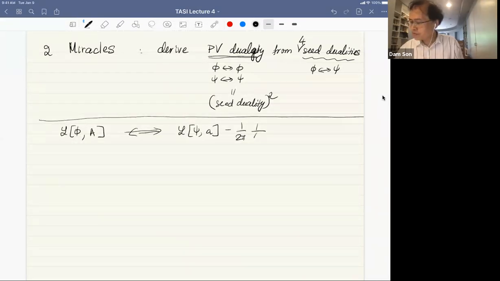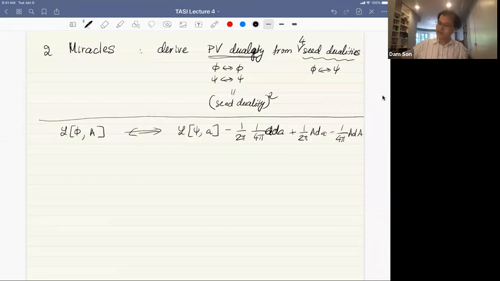The one that I wrote on the last line on the previous blackboard, 2 pi ADA, except I pull the capital A to the right hand side. This capital A is not a dynamical field, and so we can just move it back and forth between the two sides of the duality. This is just some contact term, not a dynamical field.